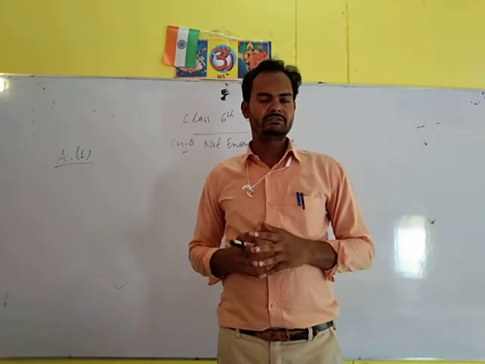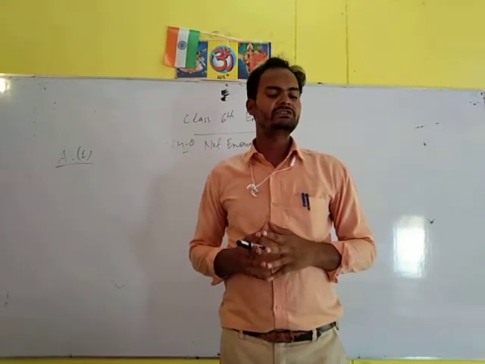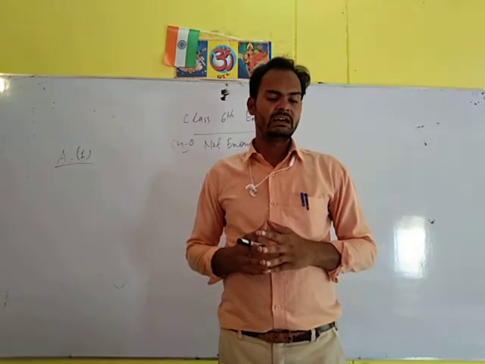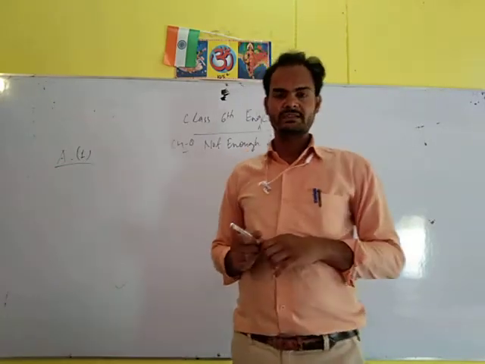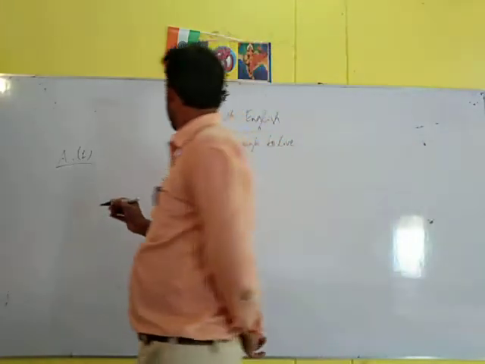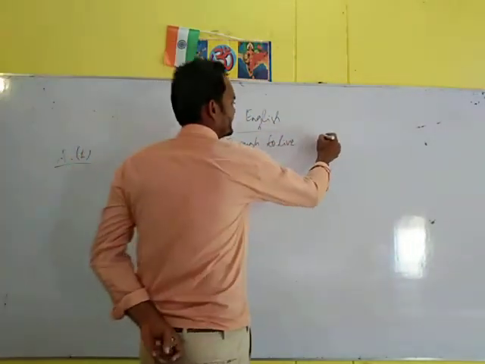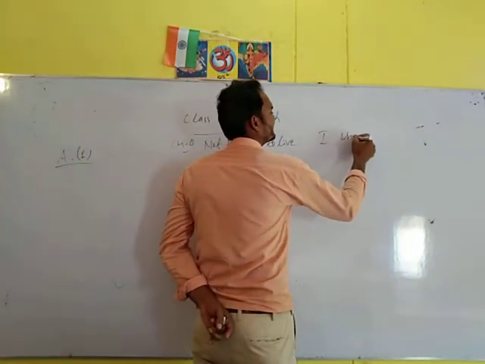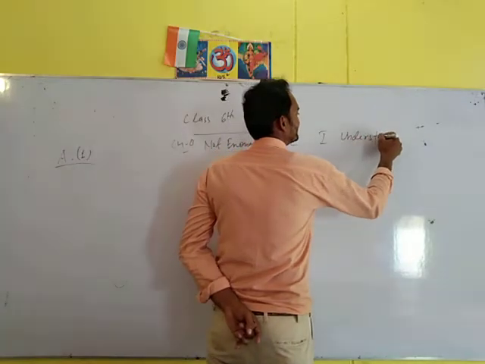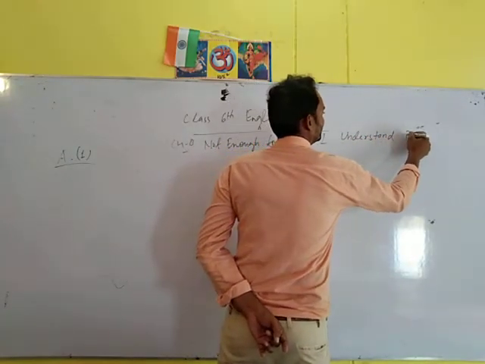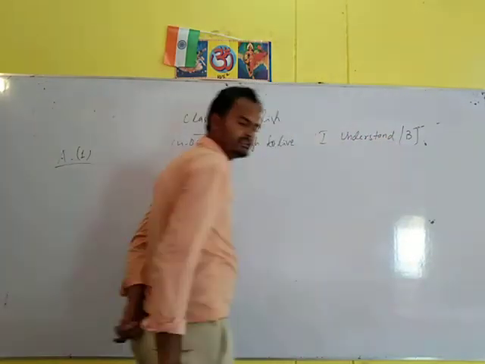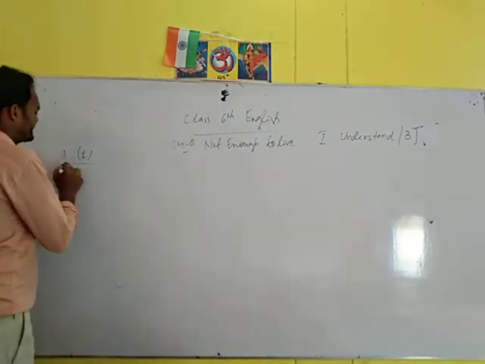So if we write our first answer, which two types of pollution are affecting our planet, the answer will be very easy. Not Enough to Live, I understand, portion B. And students, I am going to write the first answer.